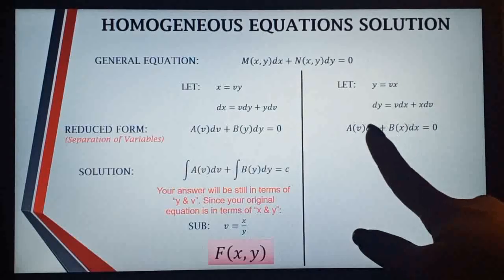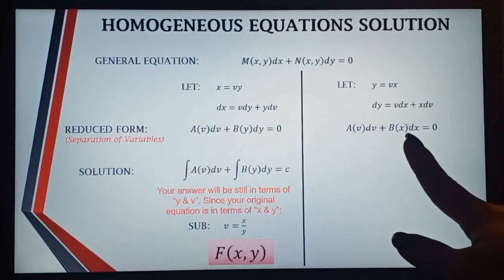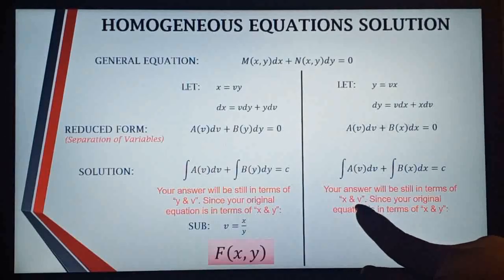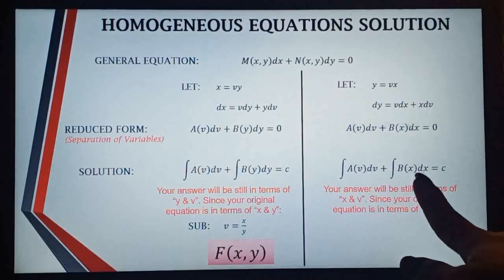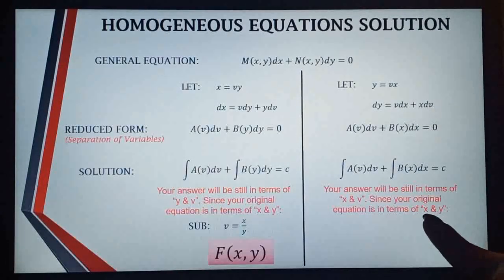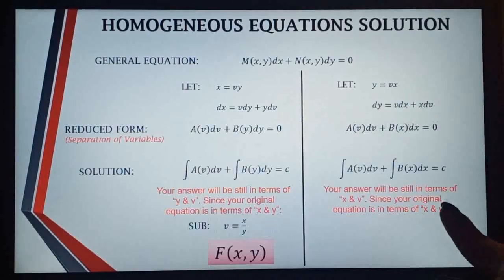Ngayon, kapag bumagsak na siya sa separation of variables, the solution will be the integral of A of v dv plus the integral of B of x dx equated to c. Ngayon, this equation will have an answer in terms of x and v. Since v ang ginamit mo saka x, yung lalabas na sagot dyan would be in terms of x and v. So sabi ko nga kanina, you need to bring back the equation in terms of x and y.